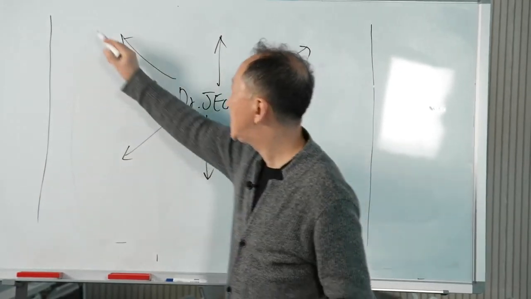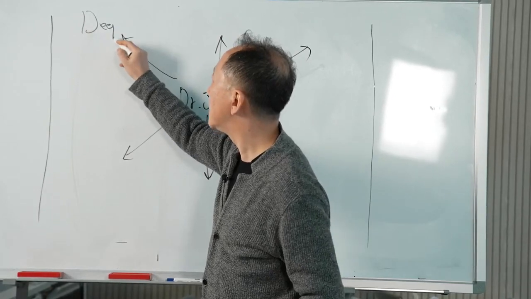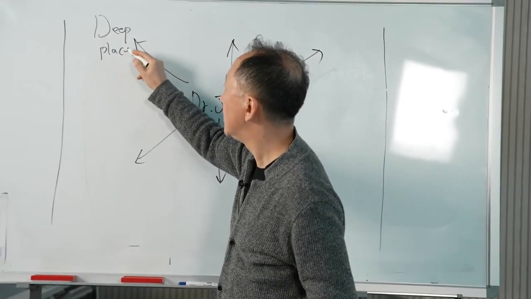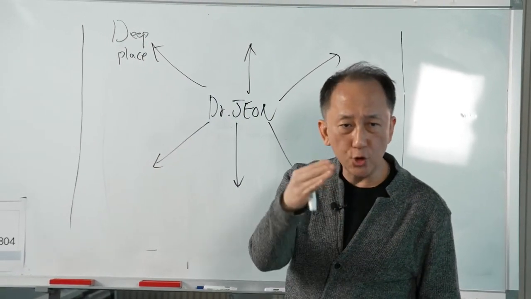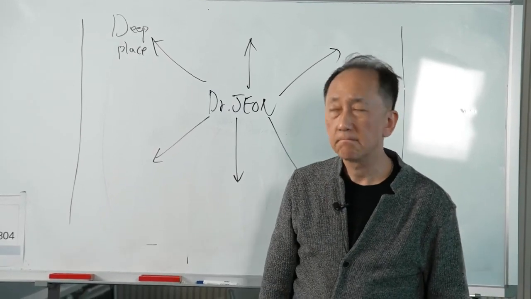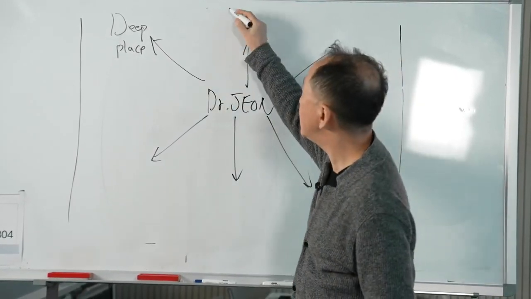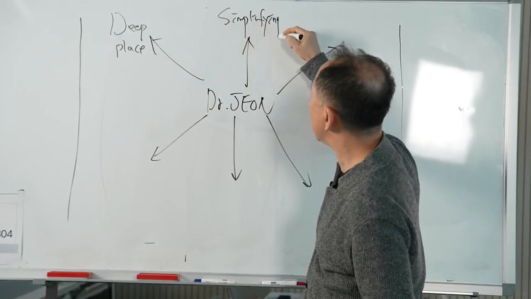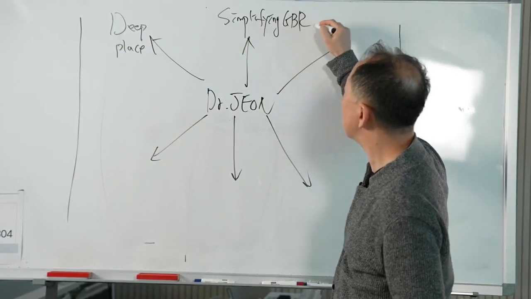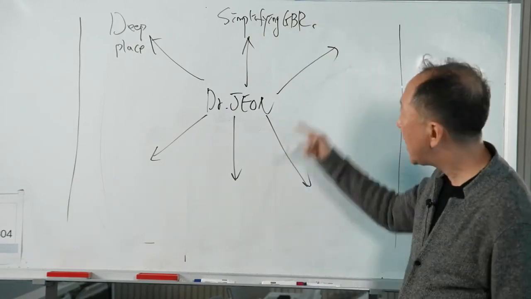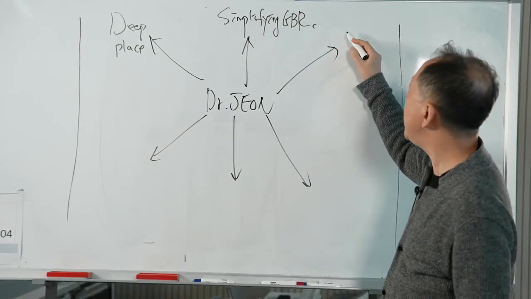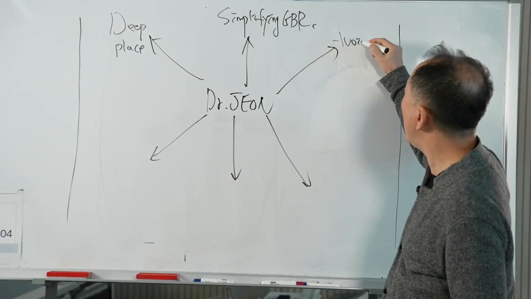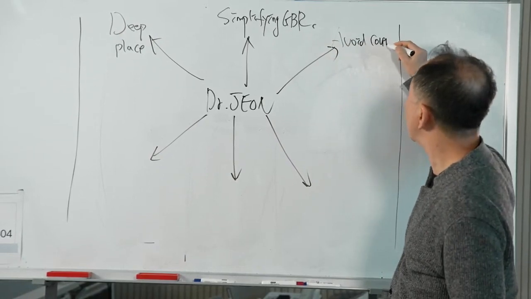First one, deep placement here. Deep placement beyond your imagination. Second, my recommendation, simplifying GBL here. My third suggestion, please avoid cover screw.